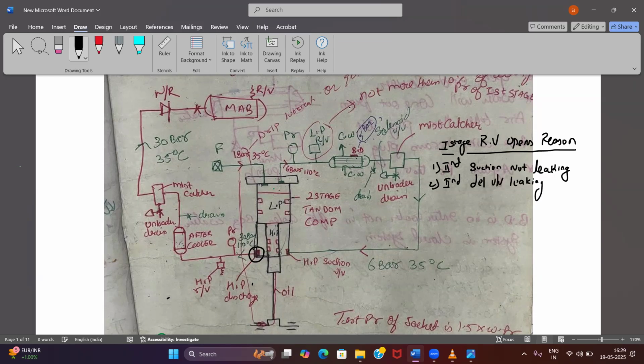Now suppose my delivery valve of my second stage is leaking, so this pressure can return back into the cylinder, the line pressure can go back. Will it allow my suction valve to open?